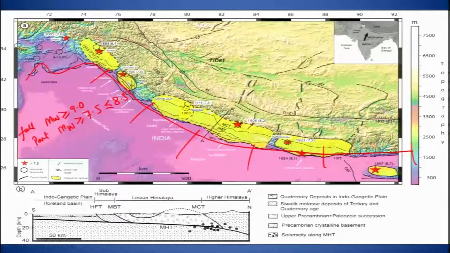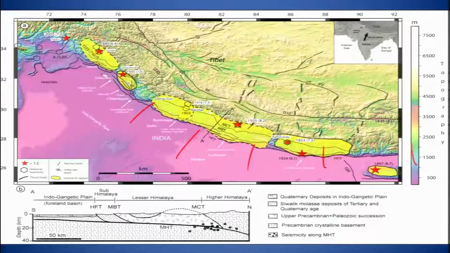This is what we have inferred from one of our papers, where we have compiled the complete geological data available from recent investigations. So these are a few important things which also play an important role in seismic hazard assessment.